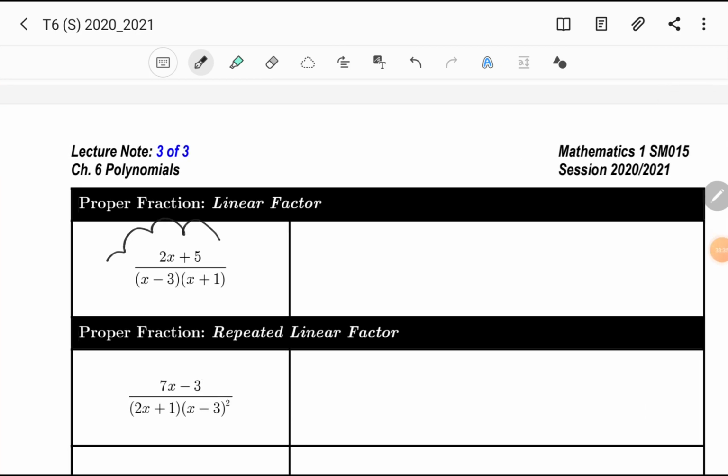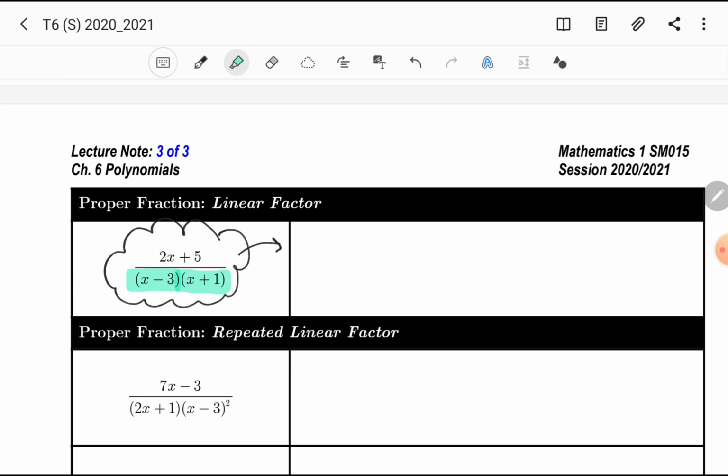Okay, from a big fraction ni, kita nak tukar dia, kita nak decompose into a few fraction. Okay, how to determine, how to decide how many fraction yang kita akan decompose? We look at the denominator.